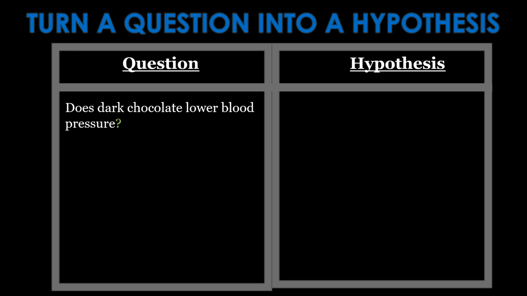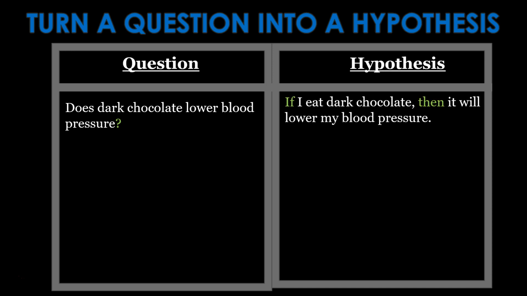Well, if I have the question, does dark chocolate lower blood pressure? I would rearrange this question into a statement using the words if and then. So for example, it should sound something like, if I eat dark chocolate, then it will lower my blood pressure. How about this one? Does pollution increase global warming?